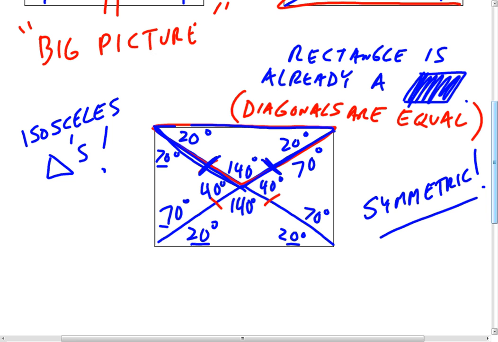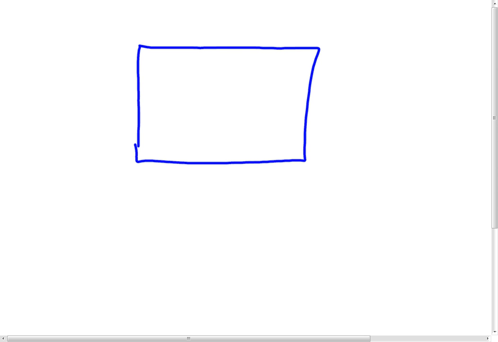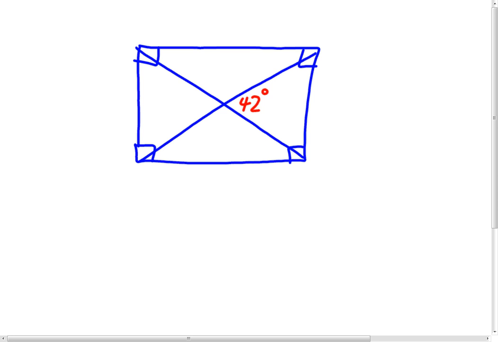Turn your paper over. What kind of shape is this?